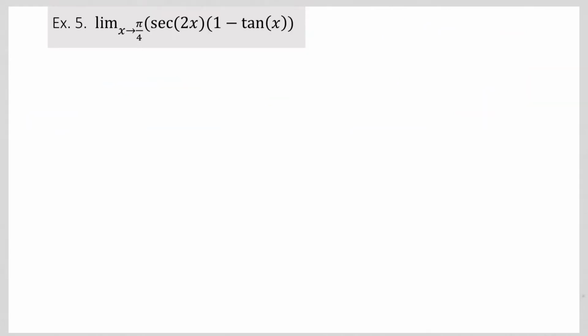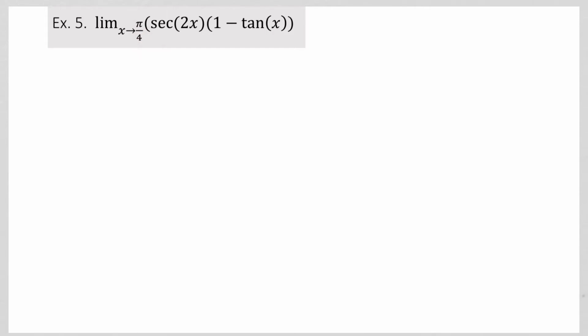So looking at this one here, we want to see if we have an indeterminate form. That would be step 1. So the limit as x approaches pi over 4 of secant of 2x times 1 minus the tangent of x, what does that approach as x approaches pi over 4?